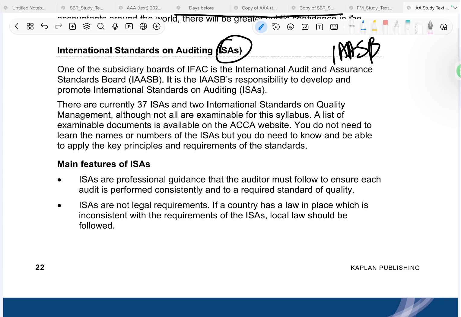Currently, there are 37 international standards on auditing, along with two international standards on quality management. But don't panic, for the ACCA exam, not all of these standards are examinable. ACCA actually provides a list of examinable standards on its website. Another important point for the exam is this: you do not need to memorize the names or numbers of the ISAs. Instead, what the examiner really expects is that you understand and can apply the key principles and requirements of the standard.